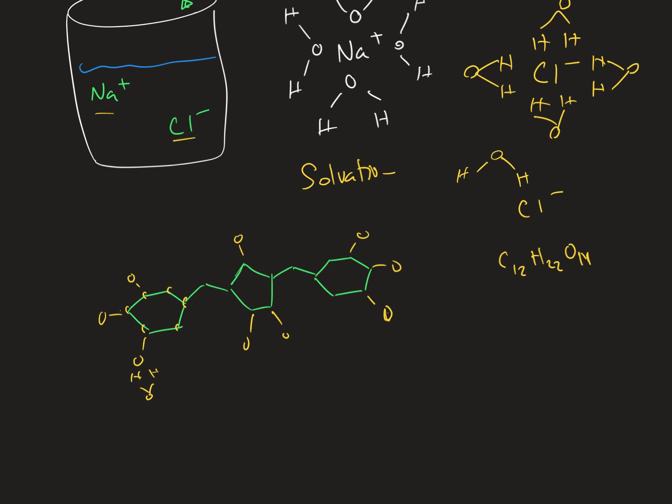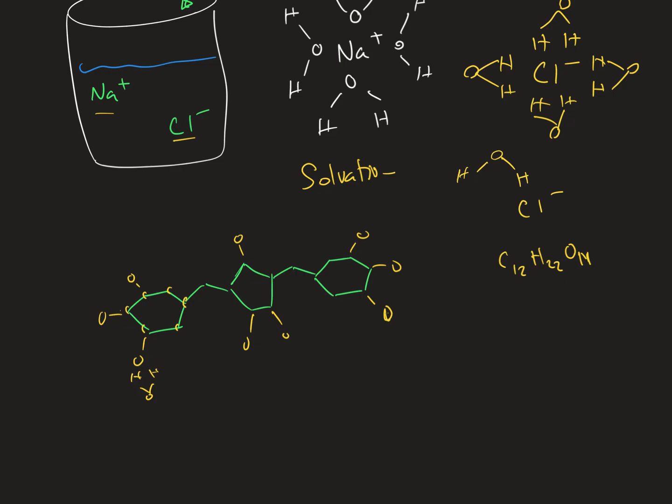With the chlorine, the hydrogen sides come in closer because it's partially negative, and with the sodium the oxygen side is facing them, so the charges attract each other. So why can't that happen with a strictly hydrocarbon compound, where the oxygen side of the water comes and attaches to the hydrogens?